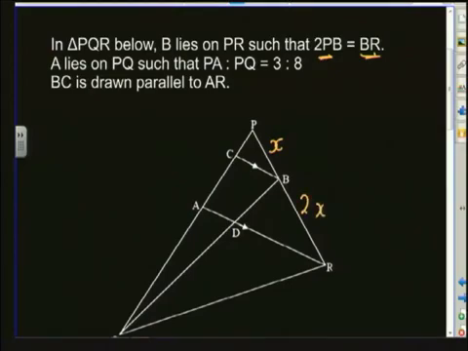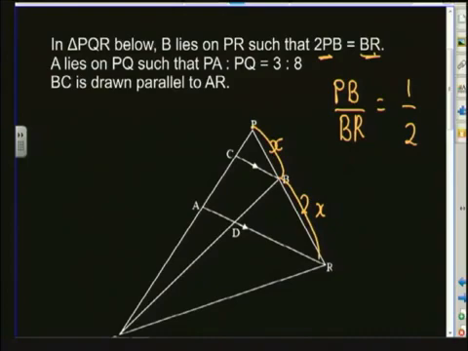All right. The other way you can write this, guys, is you can say dividing both sides by 2 and by BR, you can rewrite this as PB over BR is equal to 1 over 2. And then you can see your ratio clearly. So PB over BR is 1:2.